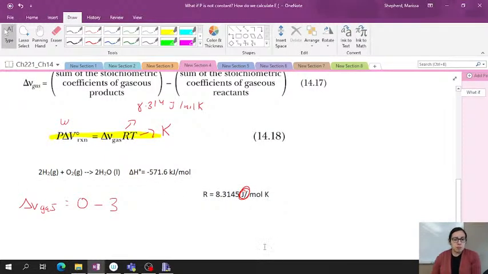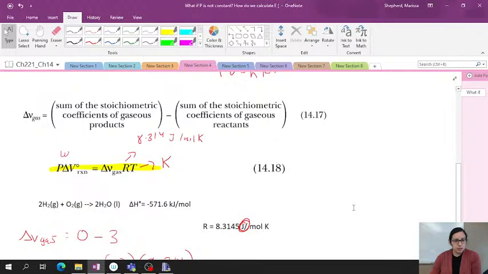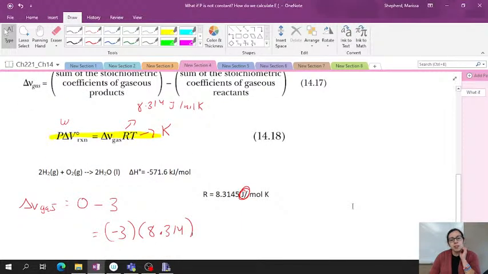And so then we can plug that in to get our work done. So it's equal to -3 times R, so 8.314, and then times T. This one didn't say what T was at. So I'm going to assume in this case that it was room temperature, so probably 298 Kelvin or so.